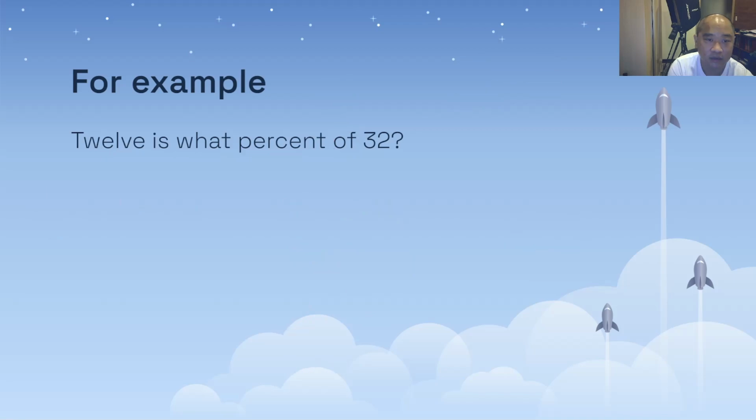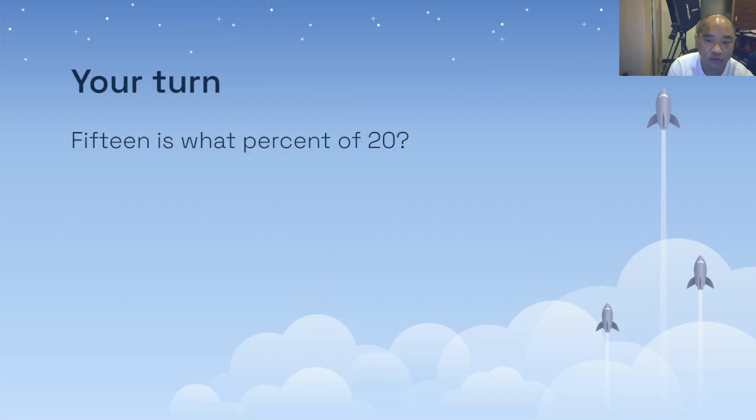Okay. All right, your turn. 15 is what percent of 20? What percent? We don't know what that is. Of 20. 20 is on the bottom, 15 is at the top.